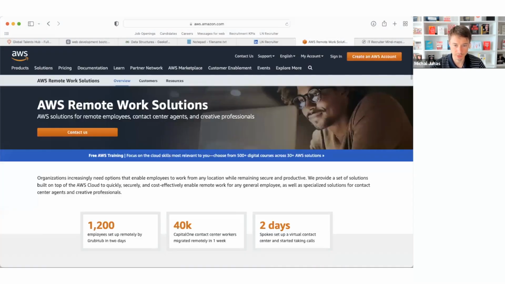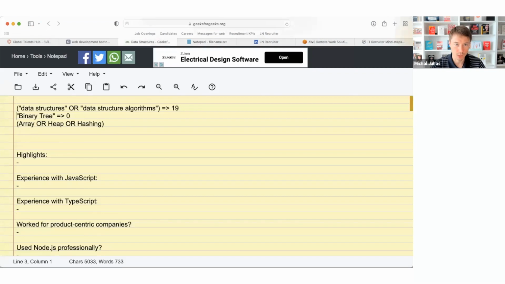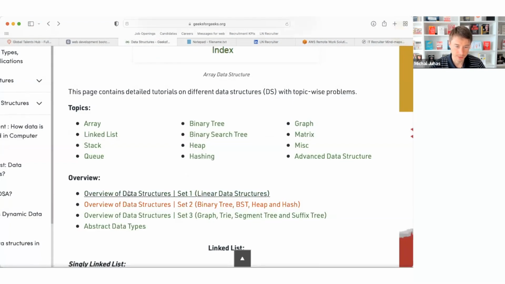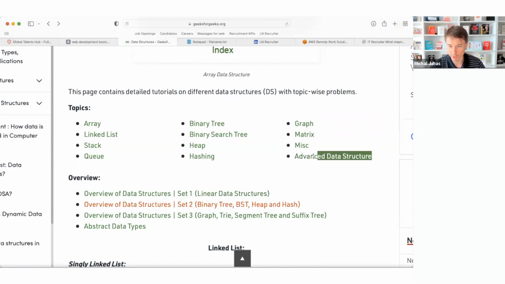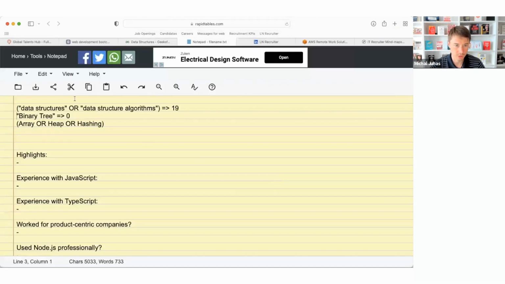Binary tree, people don't seem to have this particular one written. Data structures, we have data structure algorithms, we have advanced data structure that is covered with data structures. Oh yeah. Hey, let's try just data structure. But then we can drop data structure algorithms, because the first one is a part of data structure algorithms.